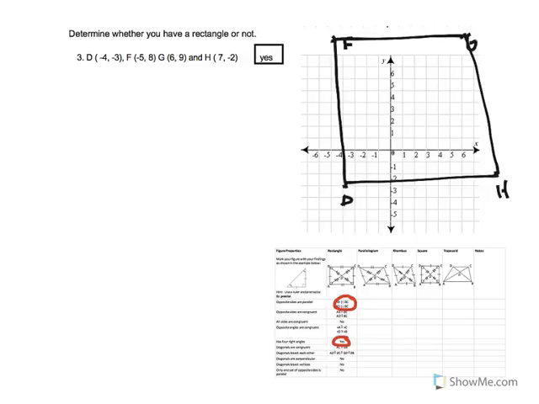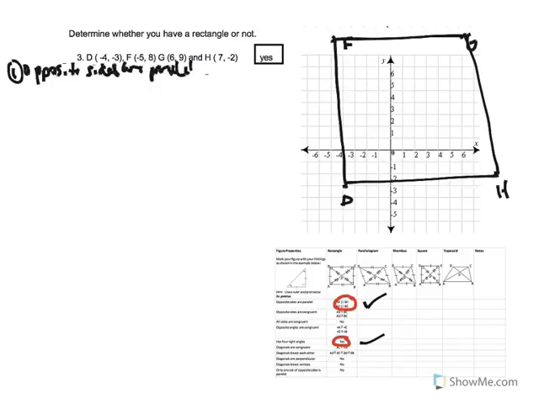Okay. And now what are the two things we have to prove in order to prove this is a rectangle? We need to show that opposite sides are parallel and the shape has 4 right angles. So first we write out 1. Opposite sides are parallel.